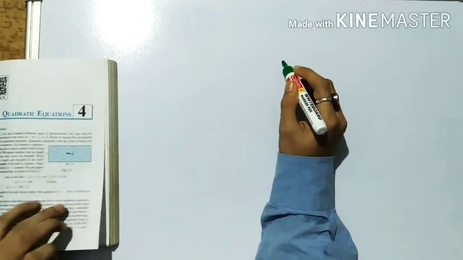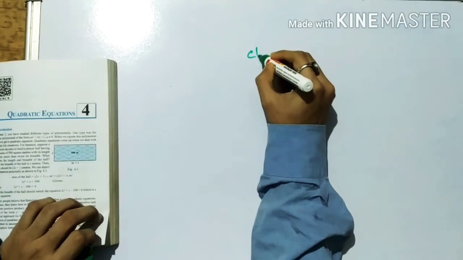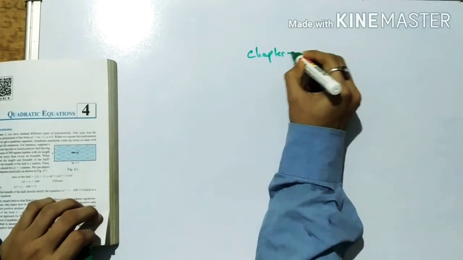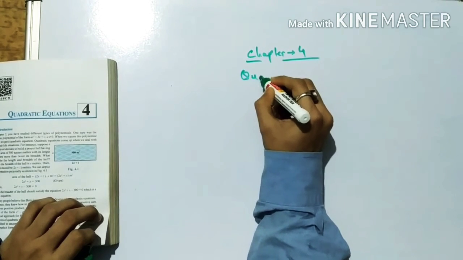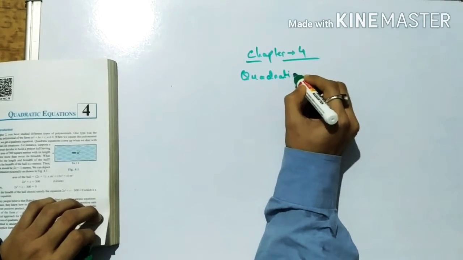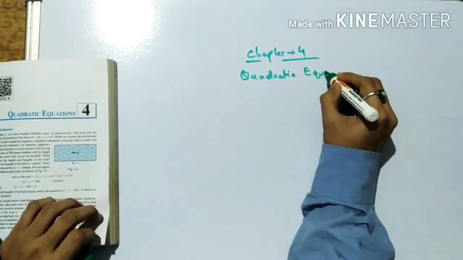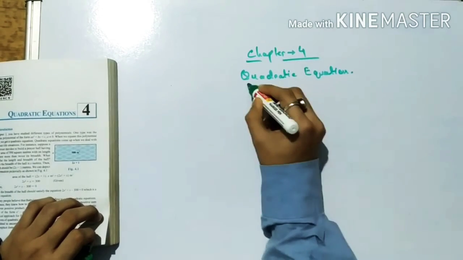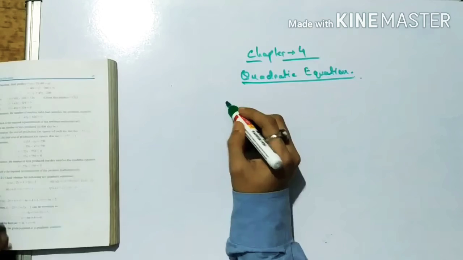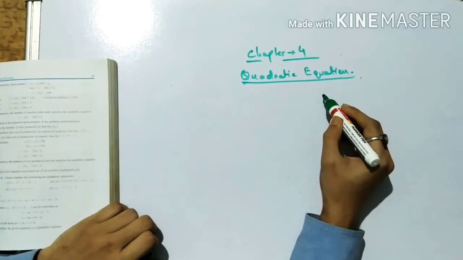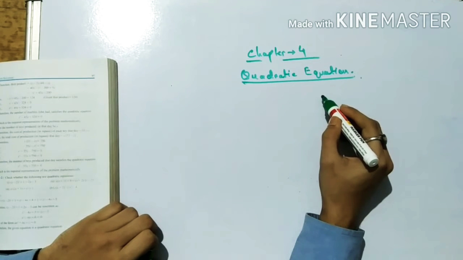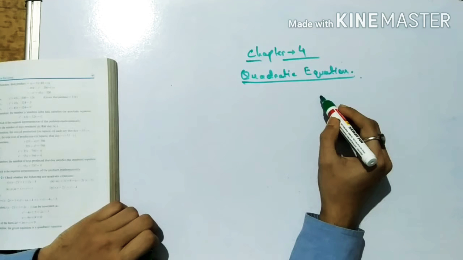So this is our chapter 4, quadratic equation. A quadratic equation in variable x is an equation of the form ax square plus bx plus c, where a, b, c are real numbers and a not equal to 0.